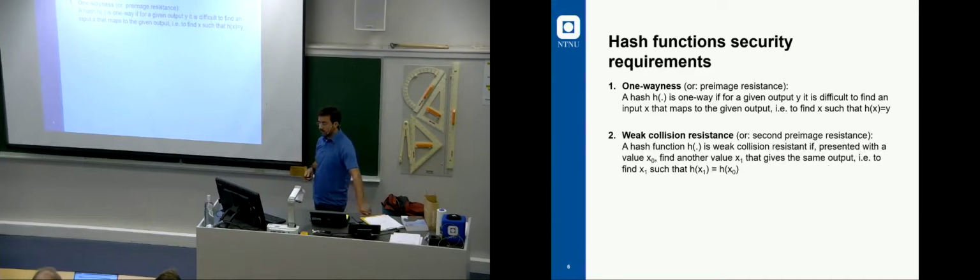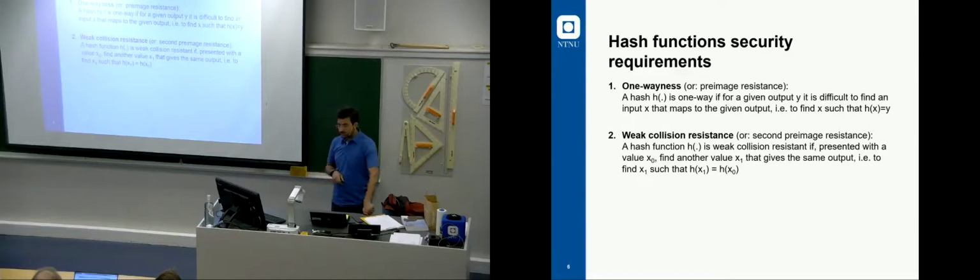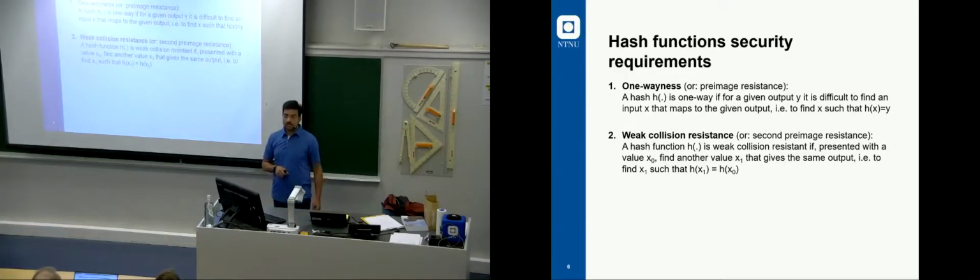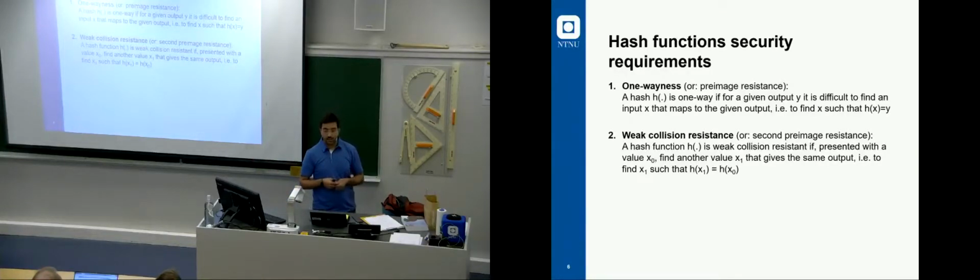The second thing is what we call weak collision resistance. This time I'm not showing you the output. I'm telling you that I have an input, say x0, and if you come up with another input, say x1, that maps to the same output y, that's called breaking weak collision resistance.